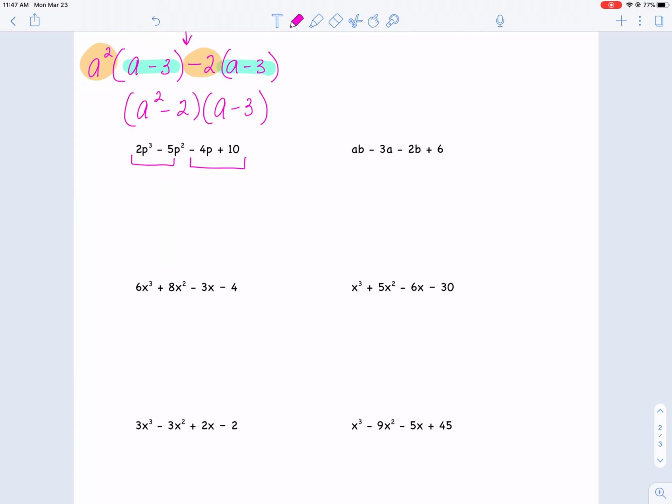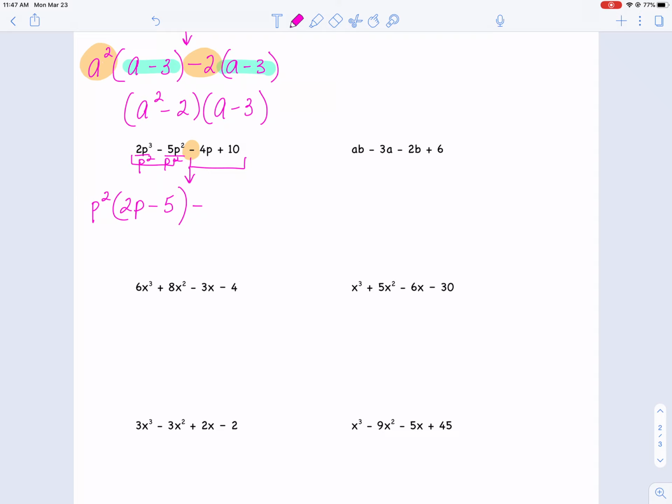My GCF of the first two happens to be p squared. 2 and 5 have no greatest common factor, so I'm going to pull out a p squared. If I divide each of these by just p squared, I divide my coefficients to get 2, subtract my exponents to get a p, minus 5, because the p squareds are gone. Remember, this is important. If that's a negative, I need to bring down a negative.